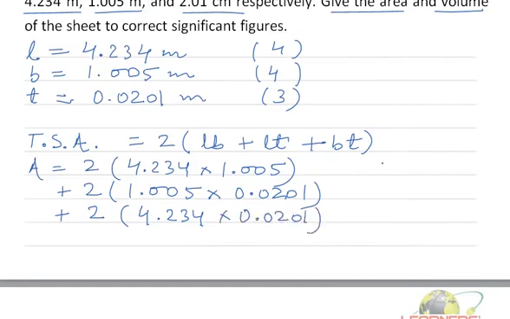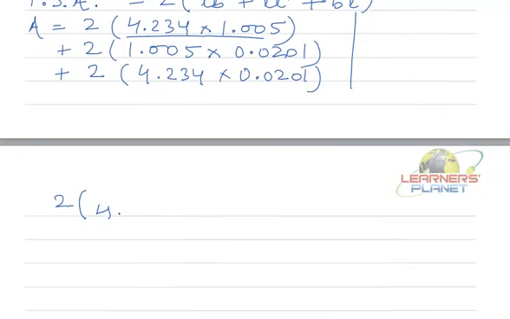So if we calculate this term, this will be 2 times 4.25517. If you do the multiplication, you will get this value.